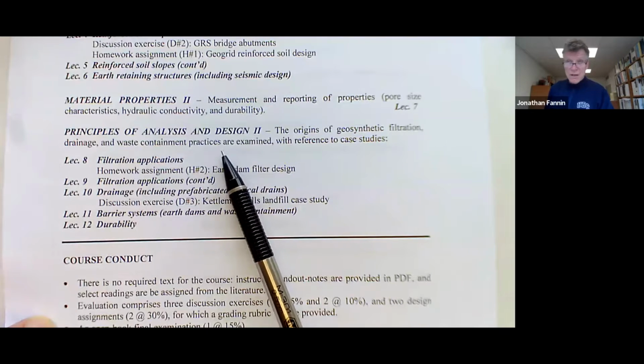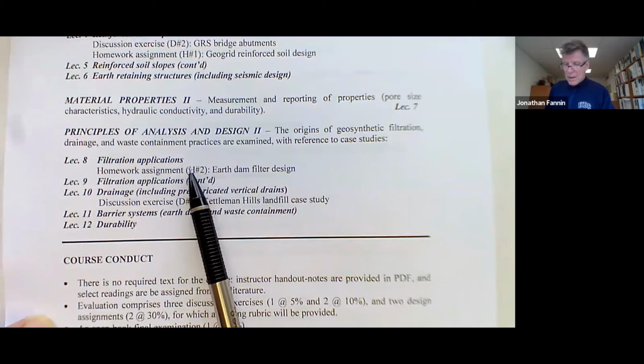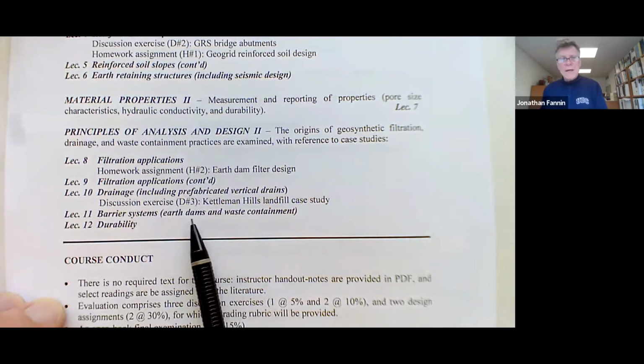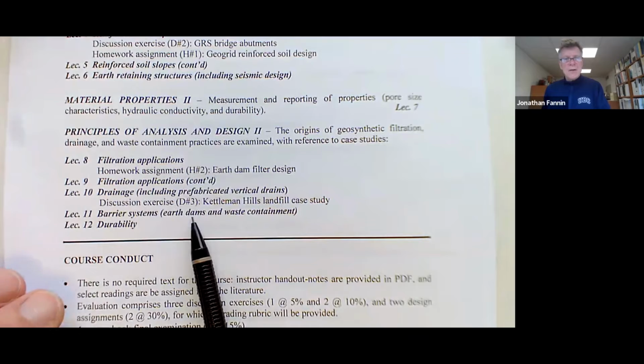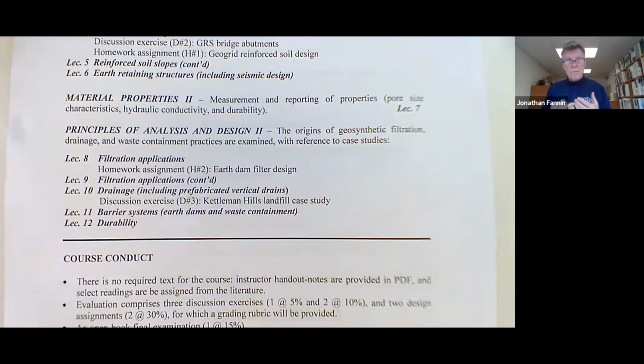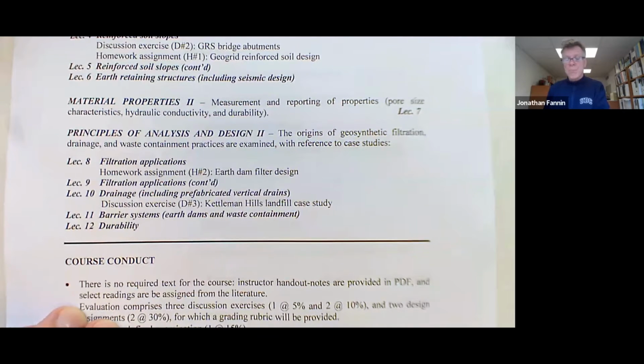So that combination of relatively high and relatively low conductivity then has come into play with applications of filters, drainage, and today we get to the barrier systems. And I will indeed make some comments with regard to earth dams and a case history, and the waste containment will fold a little bit into the discussion exercise number 3 that will form our breakout group.